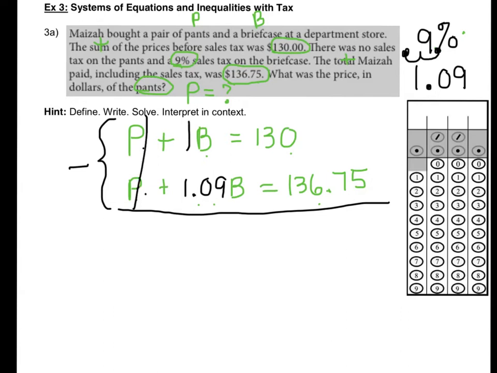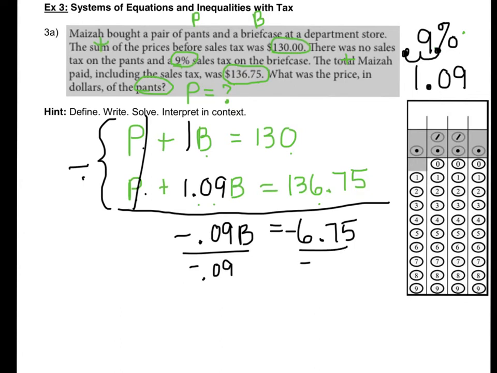Now our job becomes doing 1 minus 1.09, so that'll leave us with negative 0.09 B. 130 minus 136.75 is negative 6.75. So we'll divide both sides by negative 0.09, and we're going to get B equals 75. That means the briefcase was $75.